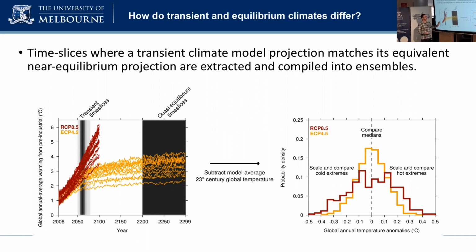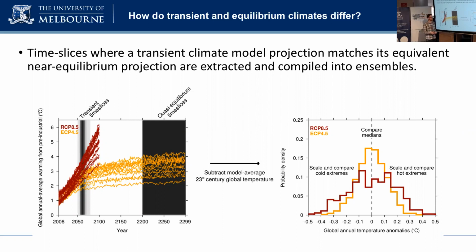So it's again constructing two ensembles, a transient ensemble constructed from RCP 8.5 and an equilibrium ensemble constructed from the 23rd century of these runs. They're taking different points in time, depending on the model, and different levels of global warming. I haven't got the figures here, but I could circulate them if there's interest.